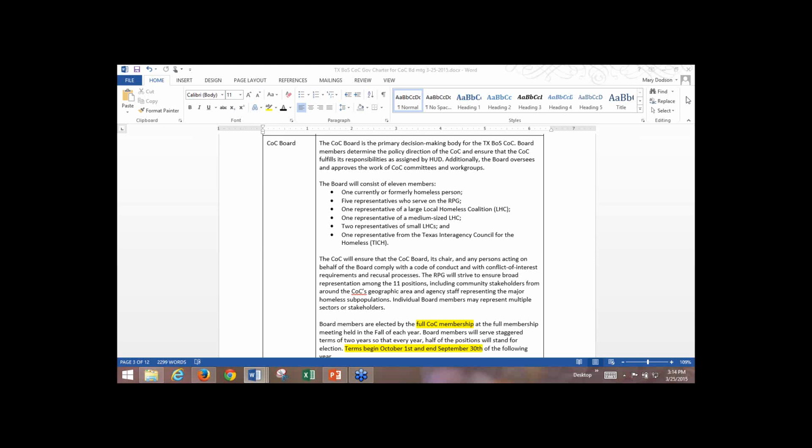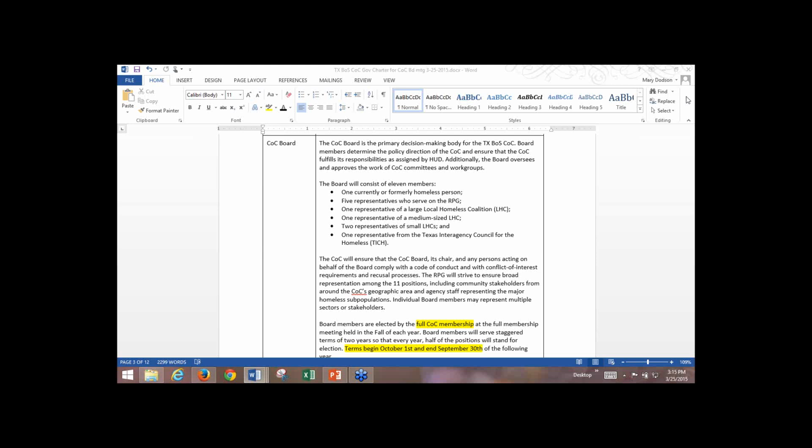Yes, that's correct. And when we do meet in October, hopefully we're ready for the full COC membership to vote on those nominated board members, and we can get that board in place. Until then, we will have a transition period.